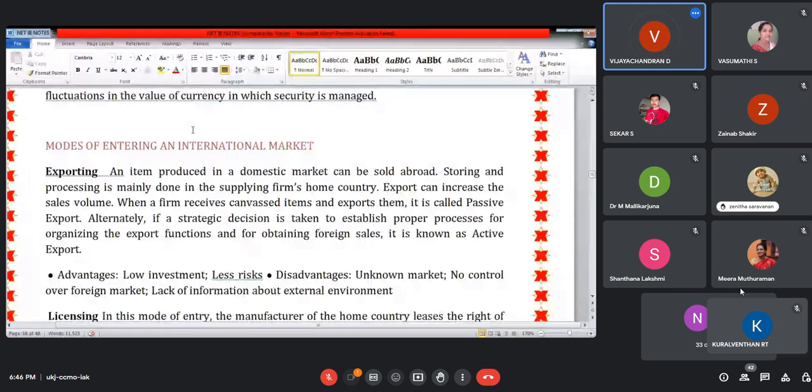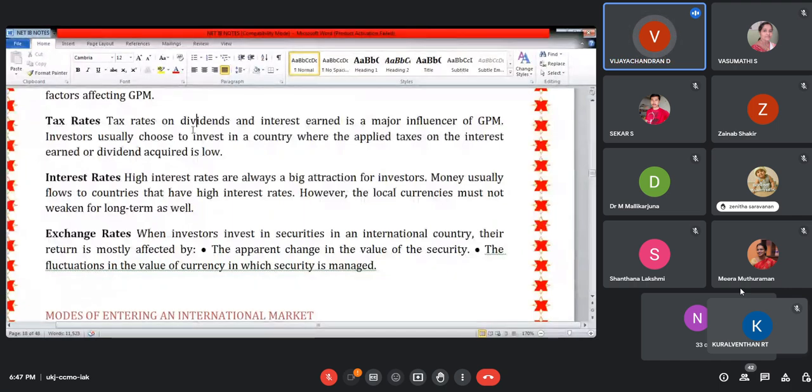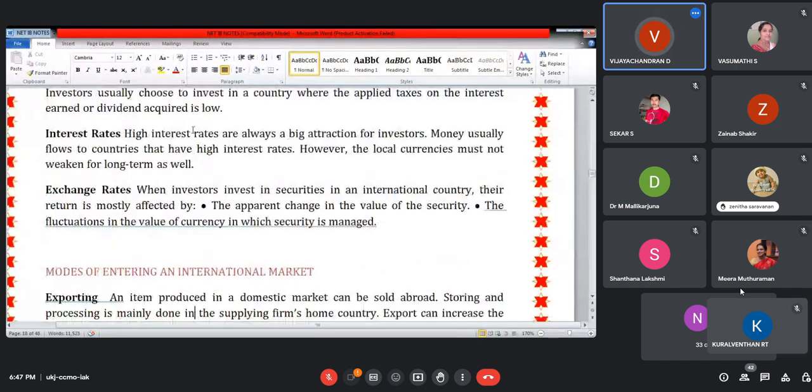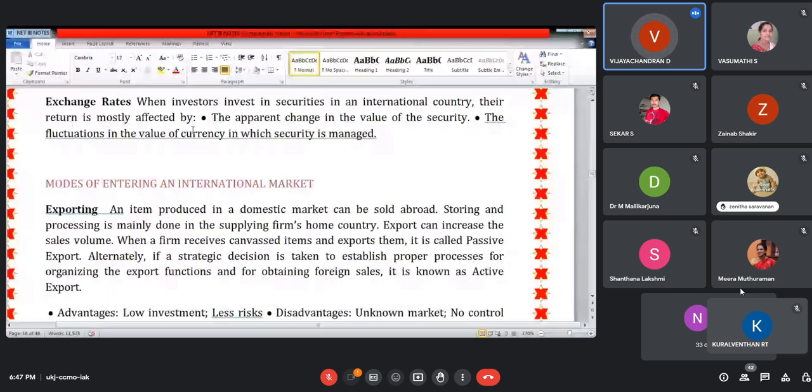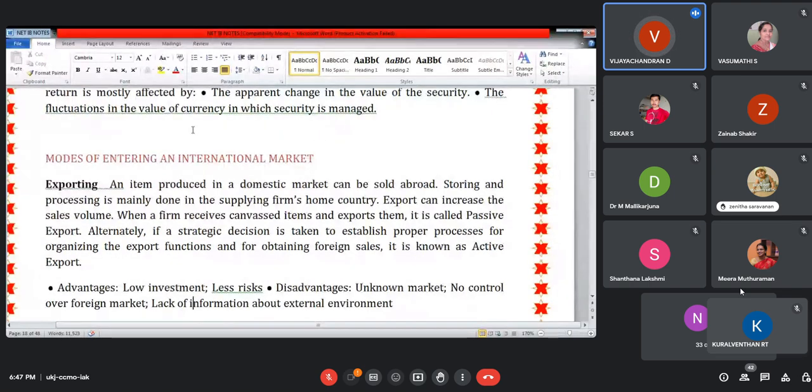If I move on to another slide, it will be very difficult to cope with the ideas. That is the reason why I'm going to present the document in a step-by-step way. So it's my duty to discuss the modes of entry of the entities into international trade. This is very important. It may be asked in your upcoming examination.